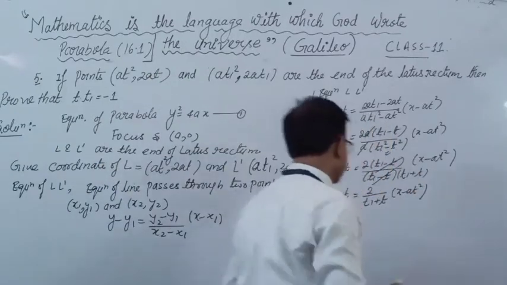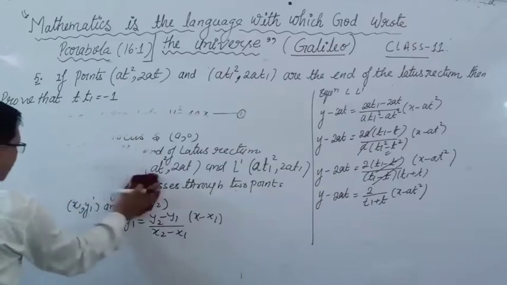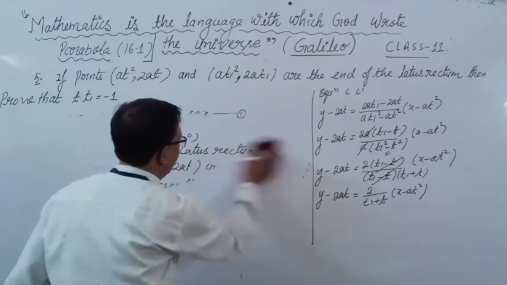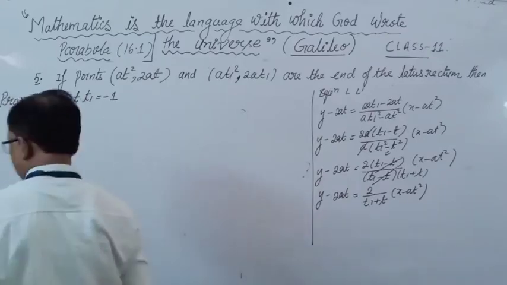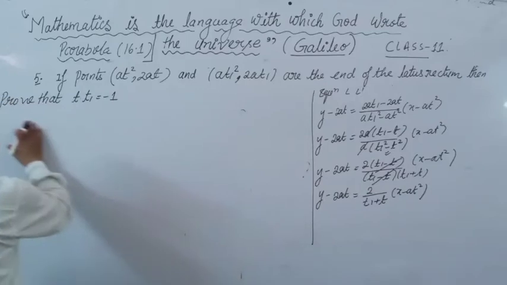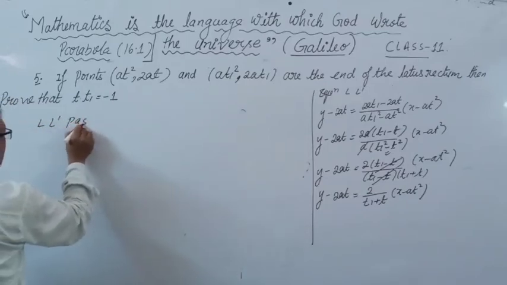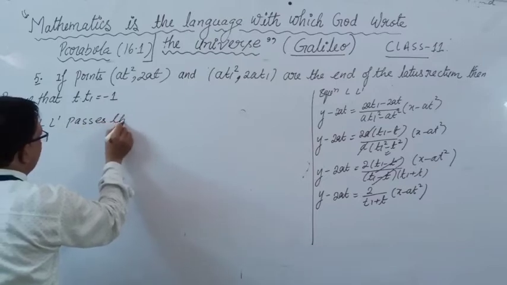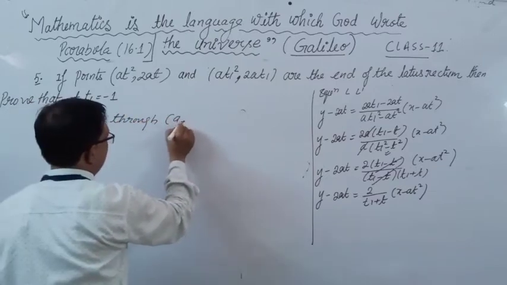But an important point is that our latus rectum passes through the focus. So here we write, L dash passes through a comma 0.